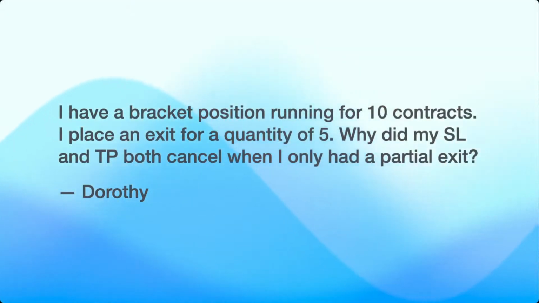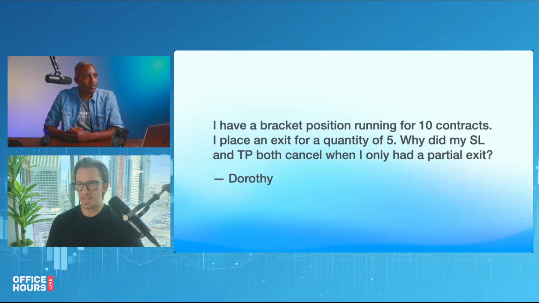All right. Next up, I have a bracket position running for 10 contracts. I place an exit for a quantity of 5. Why did my stop loss and take profit both cancel when I only had a partial exit? Dorothy asks. Dorothy, good question. That's just the nature of how our system works.